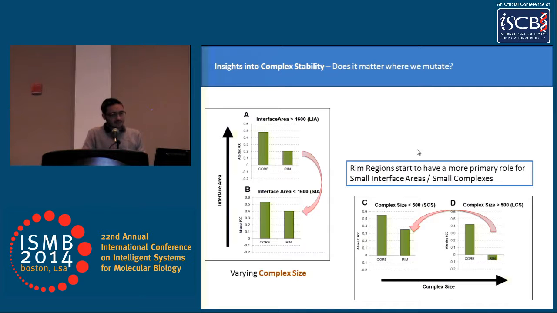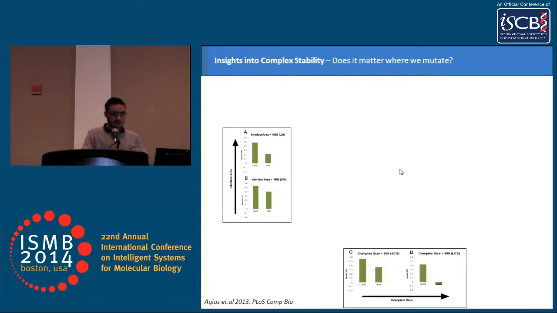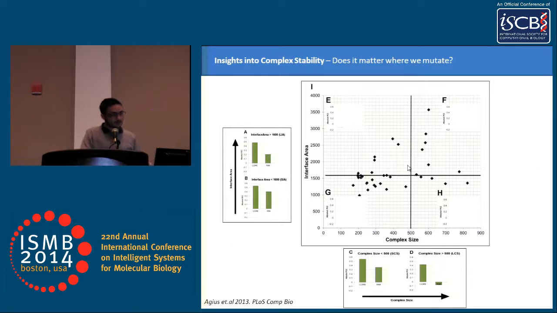But still here, we have some confounding factors, because we may have small interface areas which have small complex sizes or large complex sizes. So what we do is further divide the dataset into all possible scenarios. And we do, again, the same thing.